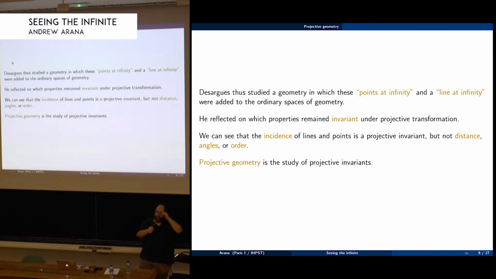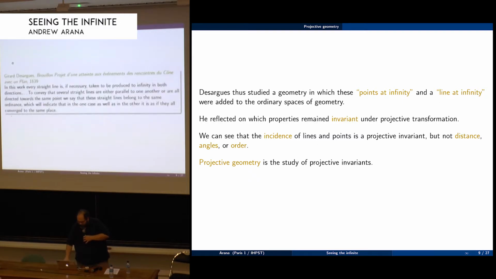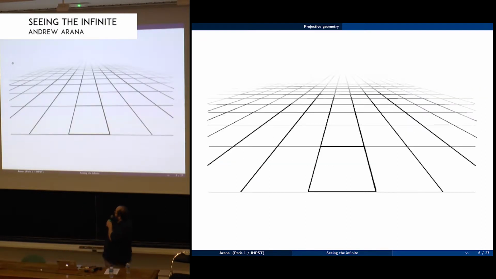So in doing so, Desargues creates a new geometry, which we nowadays call projective geometry, because Desargues was able to study systematically which properties are invariant under projective transformations. That's to say that if you look at, for instance, this example of a projective plane, or at least a kind of model of a projective plane, you'll see that distances are distorted. You'll see that parallelism is distorted. You can also see that order is distorted, although that's not evident from this particular picture.